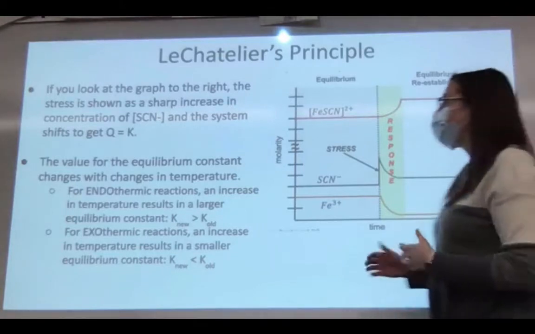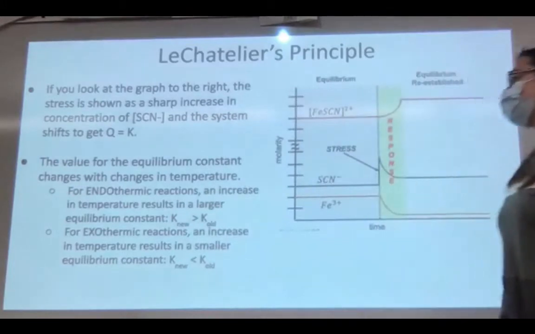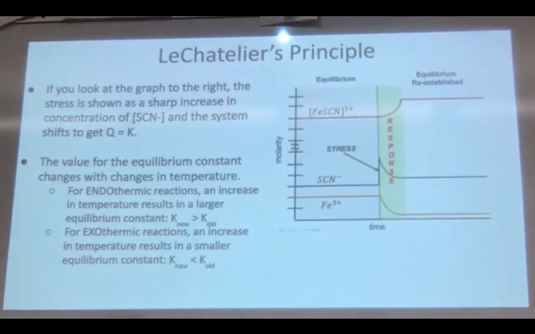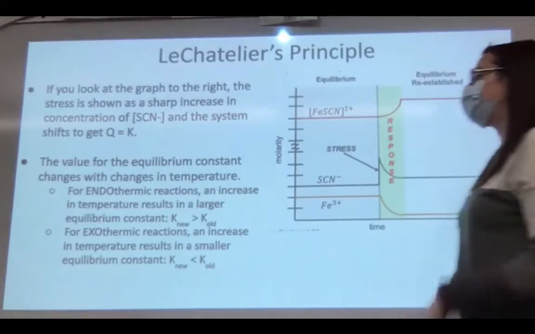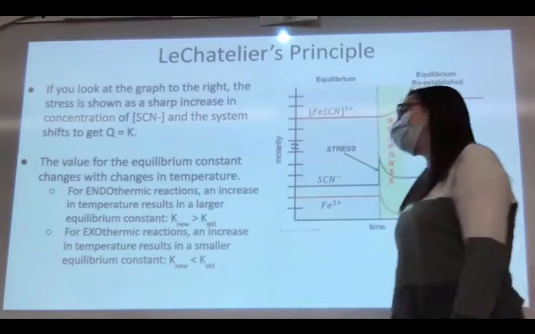Now, when we think about the value of the equilibrium constant, the value of the equilibrium constant changes when temperature changes. That's it. The only time K changes is when temperature changes. But exo and endothermic reactions are different.